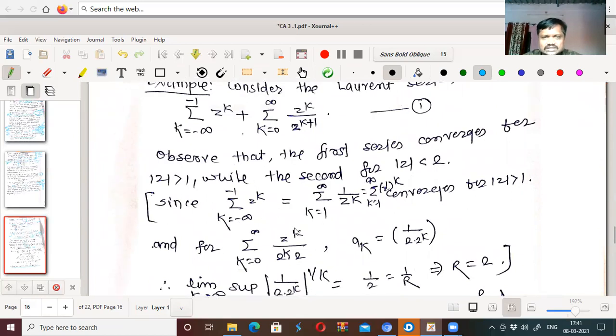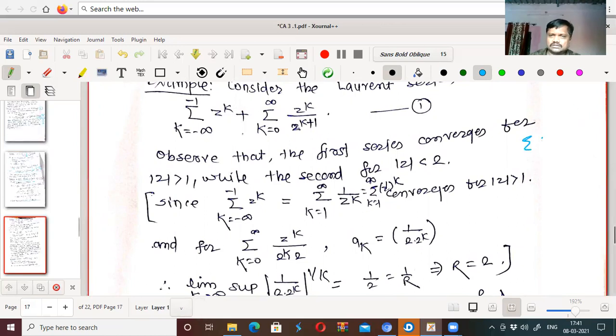Minus k is equal to 1 to infinity, 1 by z raised to k. That is 1 by z to the power k, and we know that summation of x to the power n converges for mod x less than 1. And so 1 by x less than 1, so mod x greater than 1. That's why mod z greater than 1 is there.